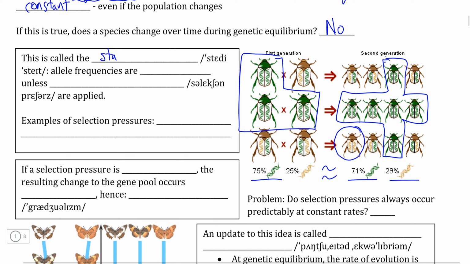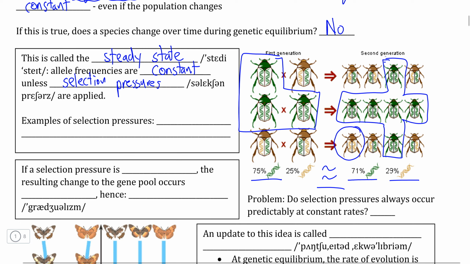And this is what we call, in population genetics, the concept of a genetic steady state, which is basically a synonym for genetic equilibrium, which simply states that the allele frequencies, the frequencies at which each phenotype occurs within the population, remain constant, or at least very close to it, unless a specific selection pressure is applied within the ecosystem in which this population lives.